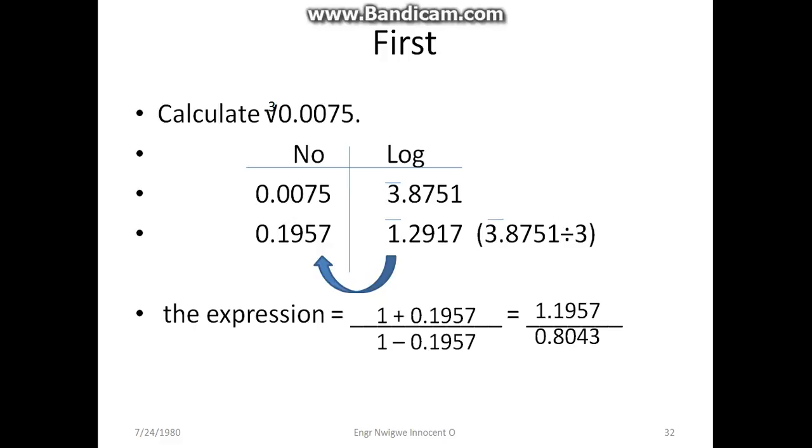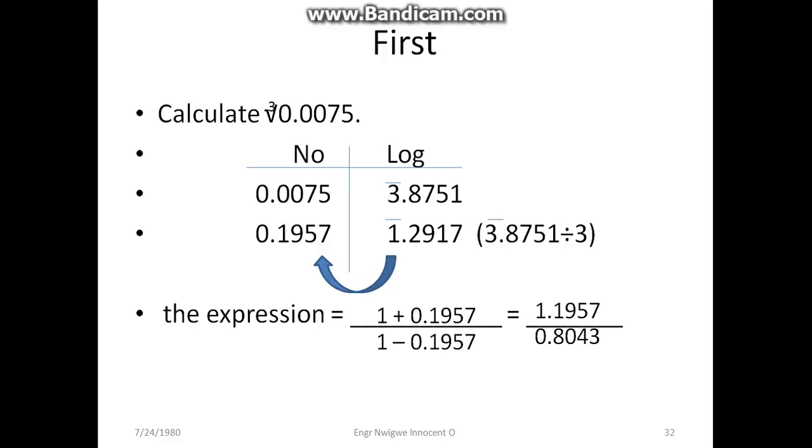So from the expression, we are asked to evaluate to 3 significant figures 1 plus cube root of 0.0075 over 1 minus cube root of 0.0075. Therefore, we substitute the value, since they both have the same cube root of 0.0075.